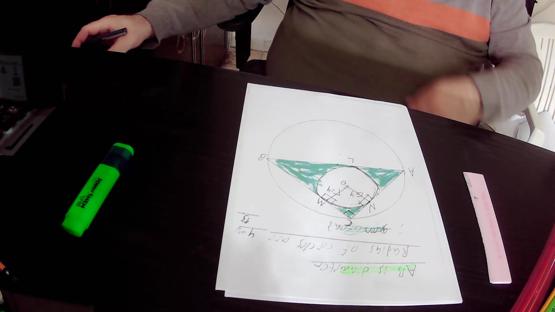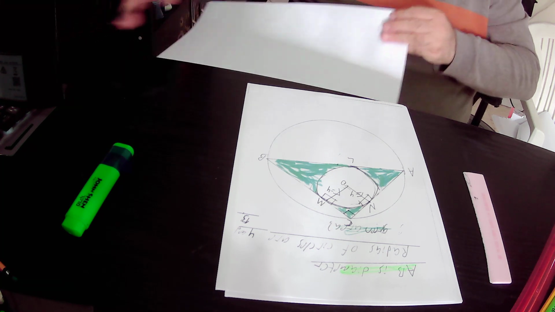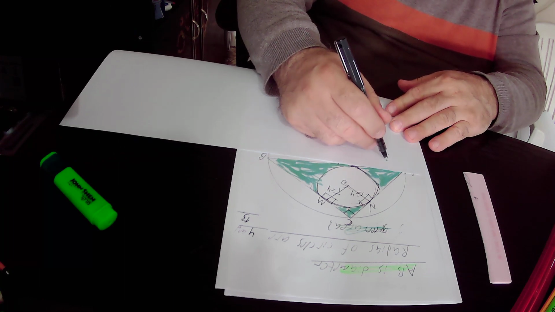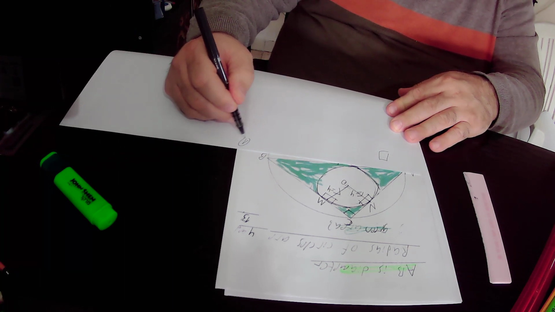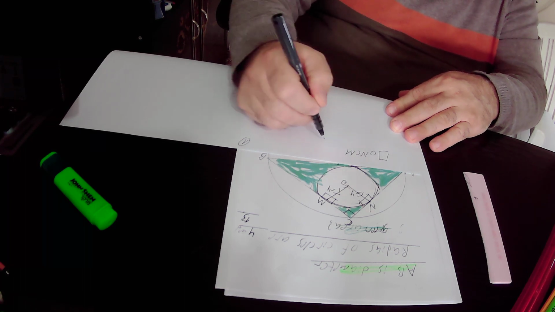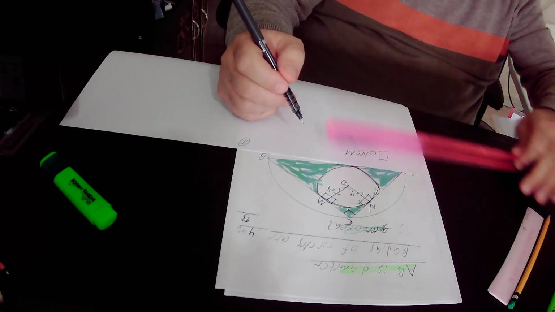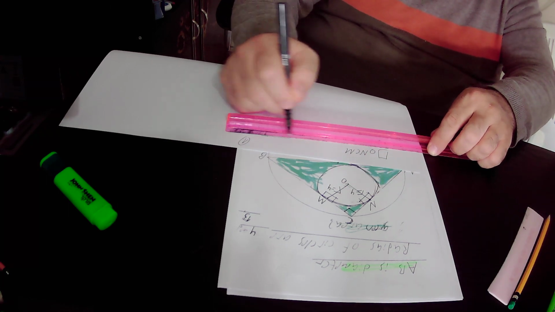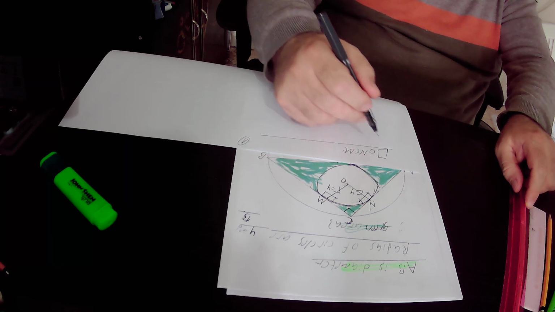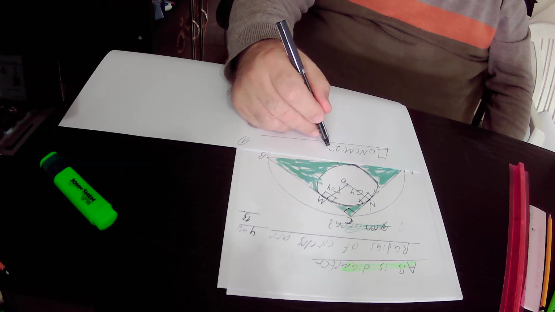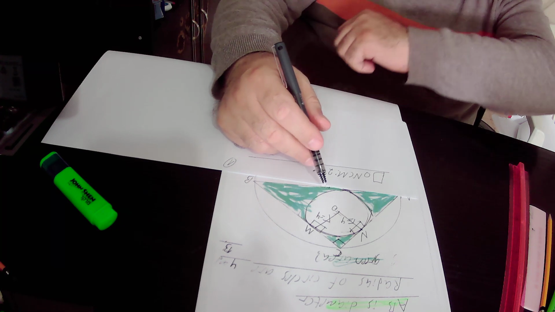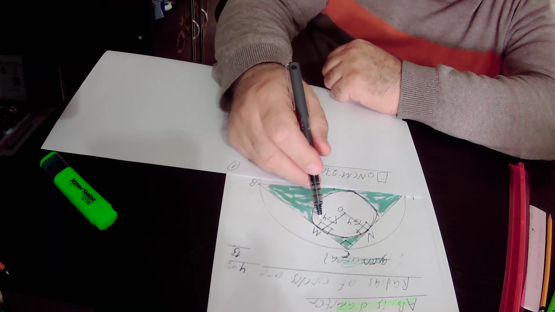So I write it down. In quadrilateral ONCM, we have 3 right angles. The sum of 3 right angles is 90 times 3, which is 270 degrees, plus the size of the fourth angle, that is actually angle MON.